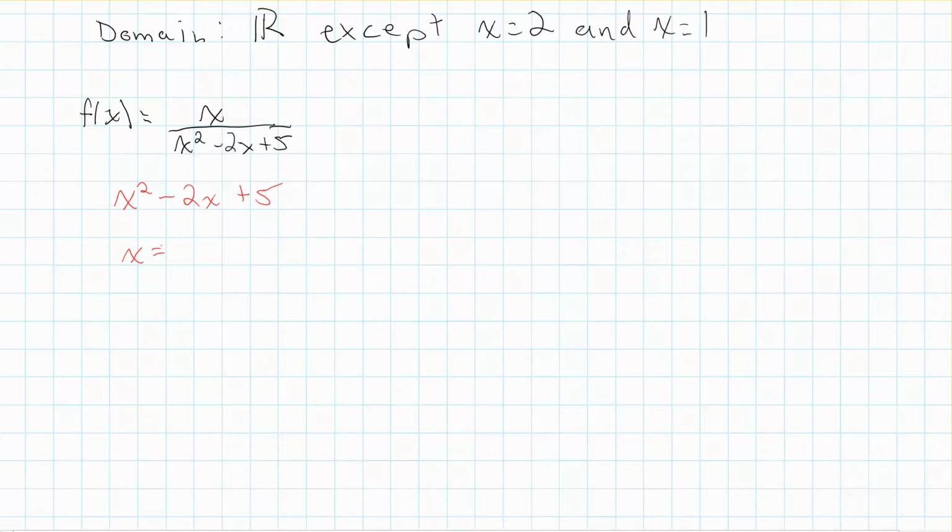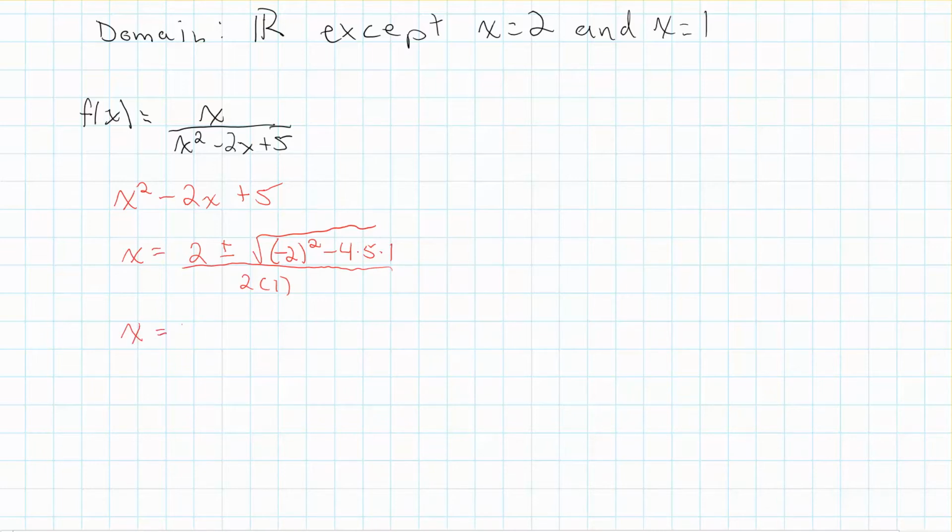So x is equal to, well, in this case it would be negative 2, or a negative 2, so it's positive 2 plus or minus the square root of negative 2 squared minus 4 times 5 times 1, over 2 times 1.